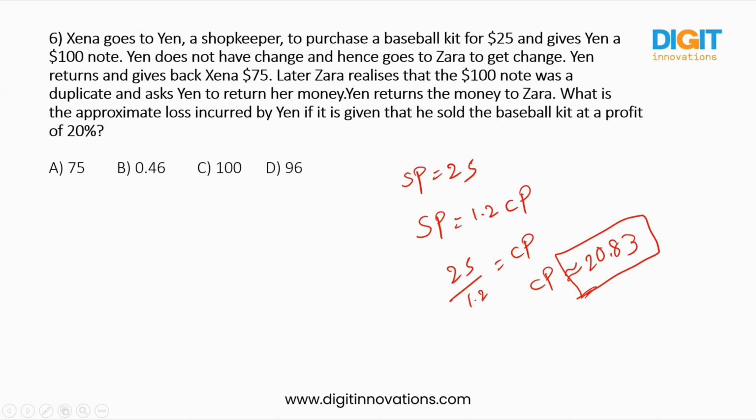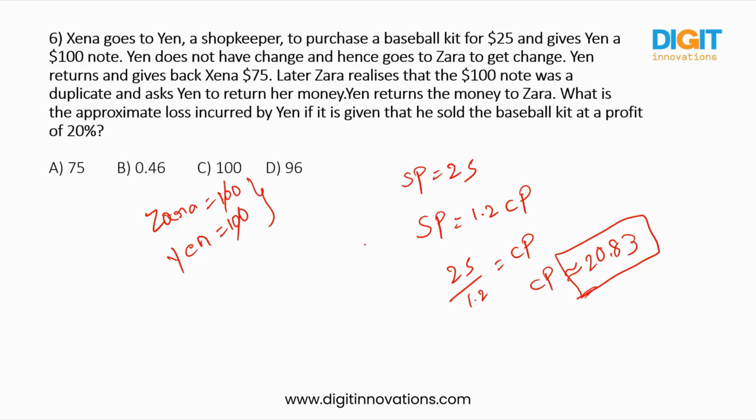But when it comes to that 100, she took 100 from Zara, and again Zara took 100 from Ina. So both amounts are cancelled here. She took and she gave, so it isn't countable here.